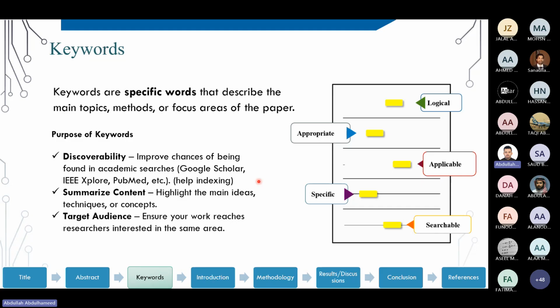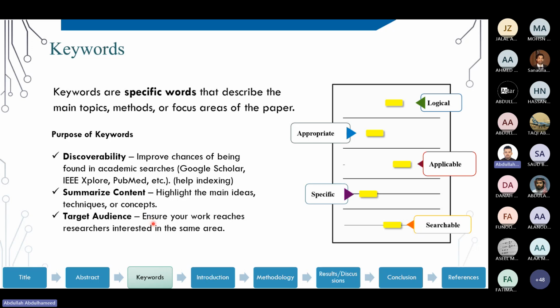This is very important. Also, summarize content. Of course, the keywords highlight the main ideas and techniques. If you are using techniques, then put the techniques in the keywords. If you are developing a new method, put the methods in your keywords. Also, target audience. This is another point: if you are, for example, from civil engineering, then of course use keywords that are related to civil.